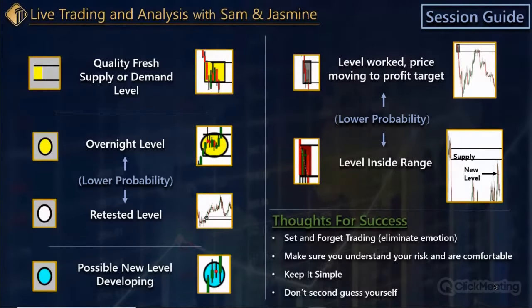Number one, if we see price basing and maybe starting to move out of an area, but it hasn't moved out enough, maybe it's a potential demand zone and it hasn't cleared out the near-term supply, which would offer us the profit zone that we need for the ideal opportunity. Maybe it hasn't done that yet, but it's starting to do that. We'll put that on to keep an eye on it, right?